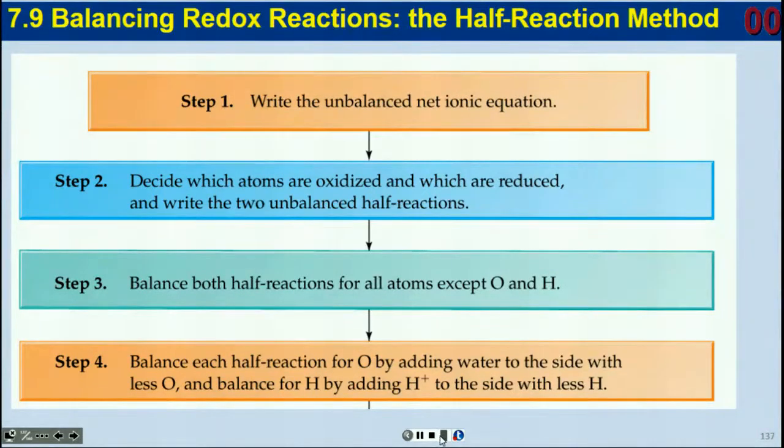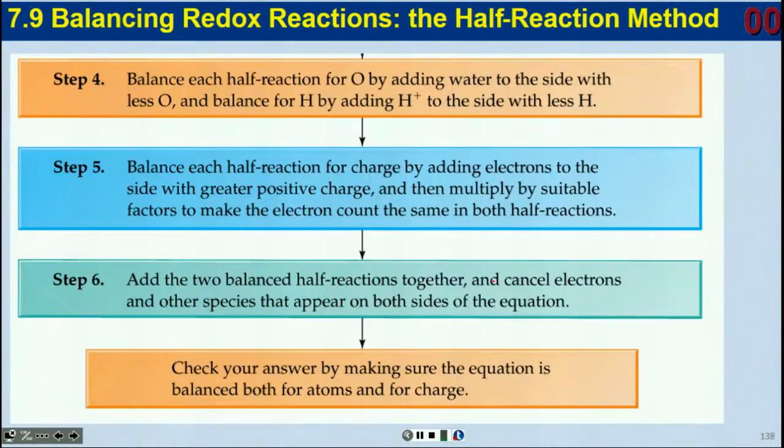I'm not going to write them all on the screen this time, but I'm going to work out the examples in detail to help you see how we go from writing the unbalanced equation, figuring out where the oxidation and reduction half reactions are, balancing the half reactions with everything but oxygen and hydrogen, balancing the half reactions for oxygen by adding water, balancing the hydrogen by adding H+, and after we do that, then we add electrons to balance the charge for each half reaction, and then multiply each half reaction by a factor to get the electron count the same in both.